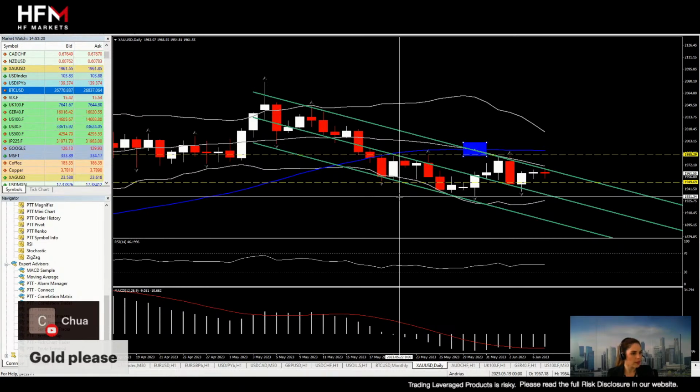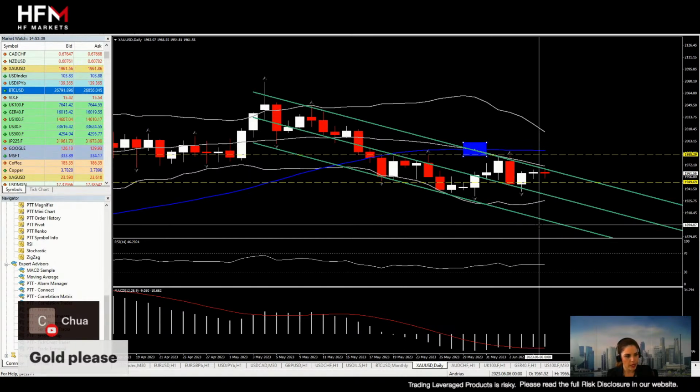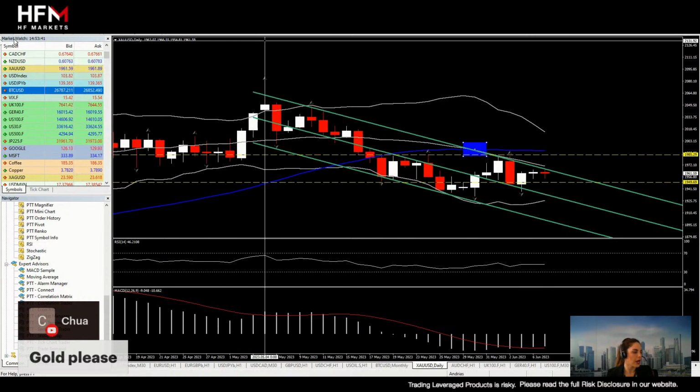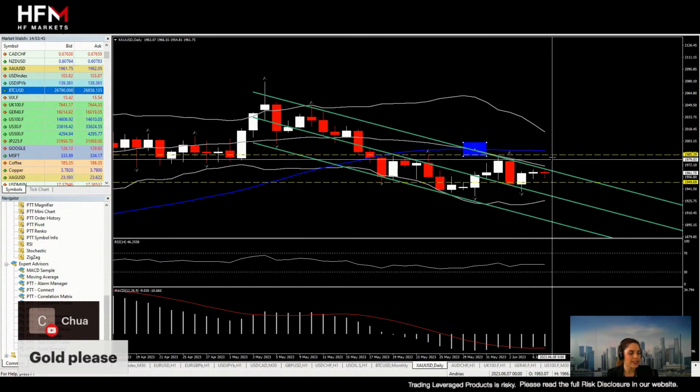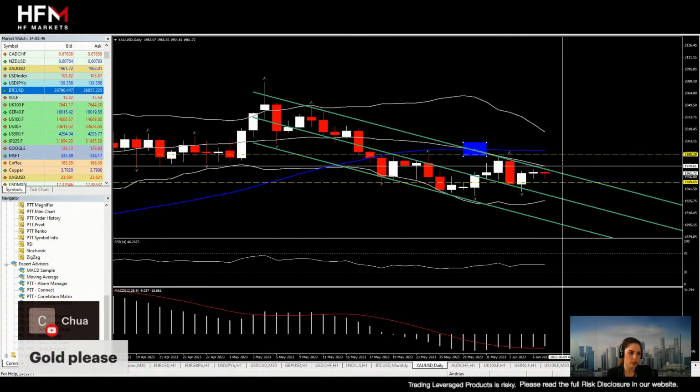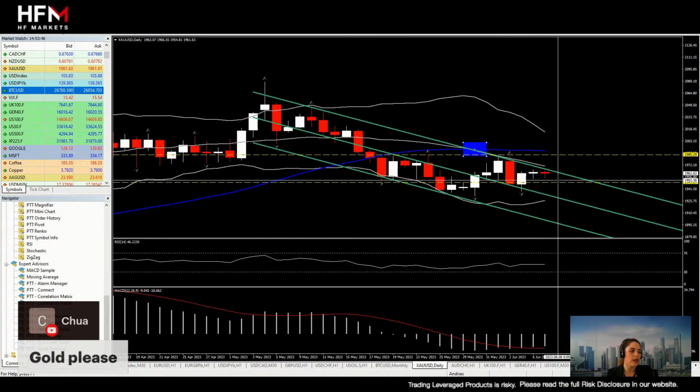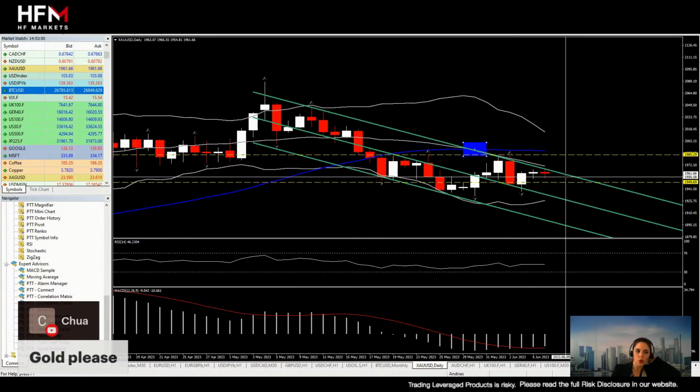Then we could see a retest of the confluence of May's bottom, the midline of the channel, and the lower Bollinger Band area, which is at 1930, or even lower at 1900s territory. While an extension higher outside the channel above the 20-day moving average could open the door to 1985.